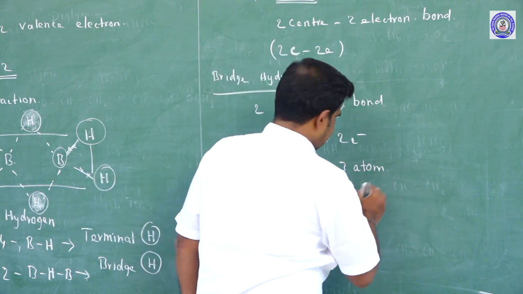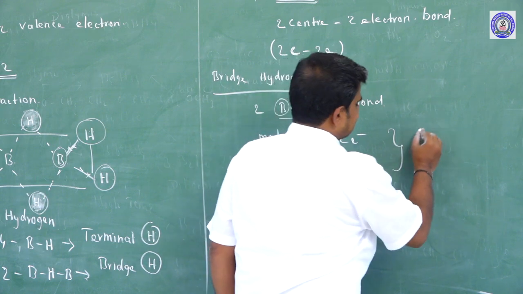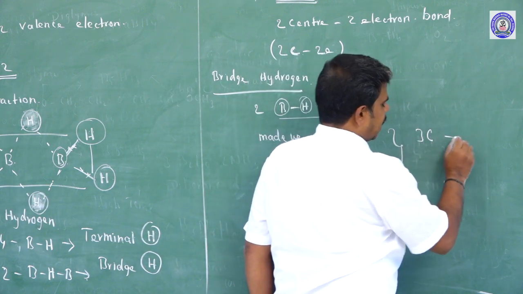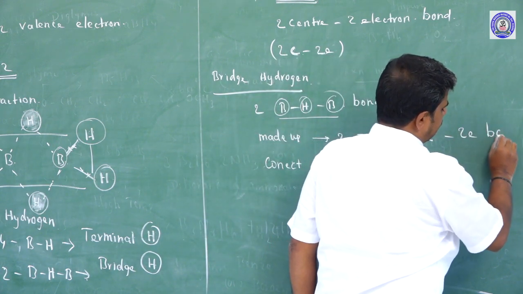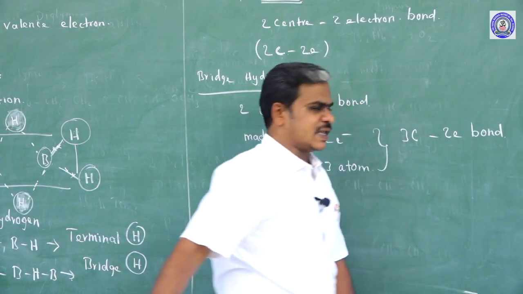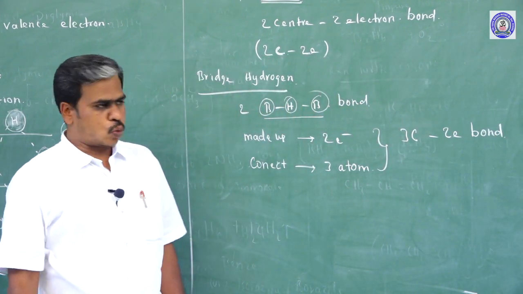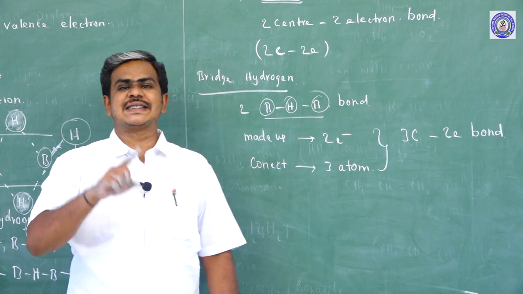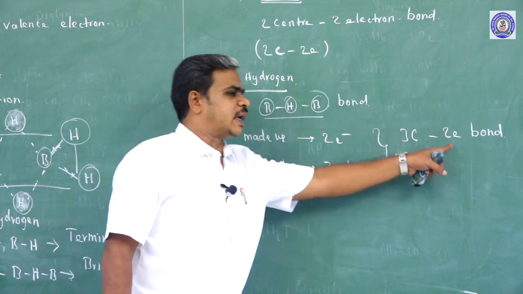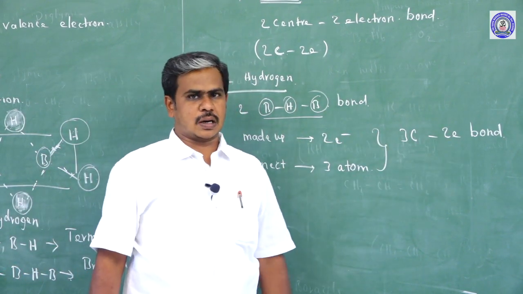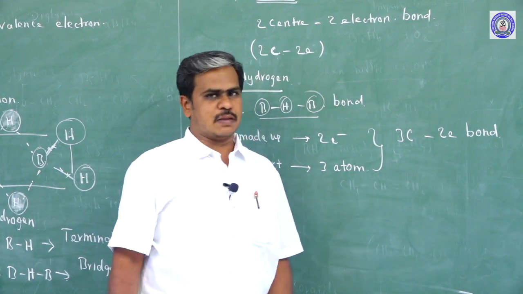So it is considered a 3C 2E bond. What is 3C? 3-centered, and it is made up of only 2 electrons, so it is a 2E bond.